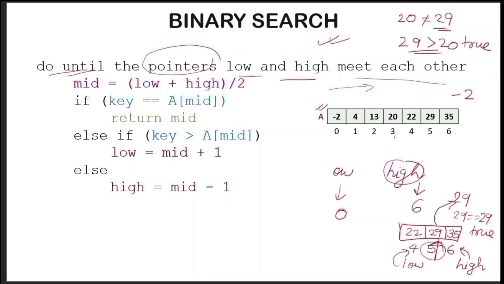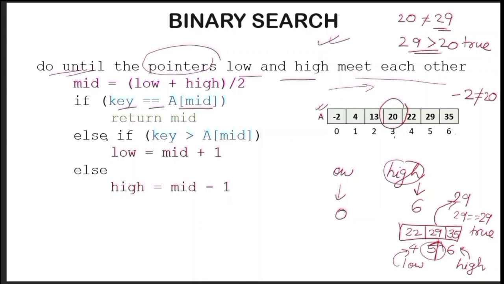So how will the entire process be carried out again? -2 is going to be compared with the middle element 20. First, is key equal to A of mid? It is not equal, that is, -2 is not equal to 20.